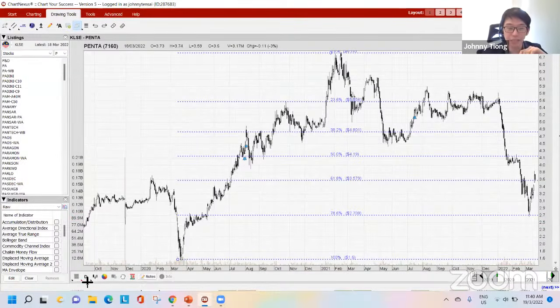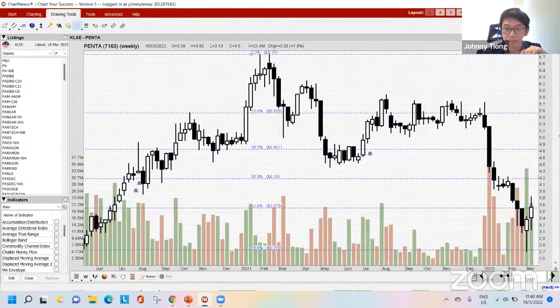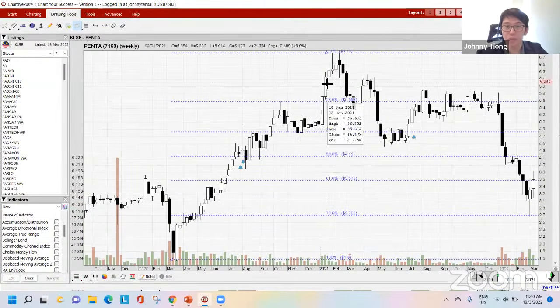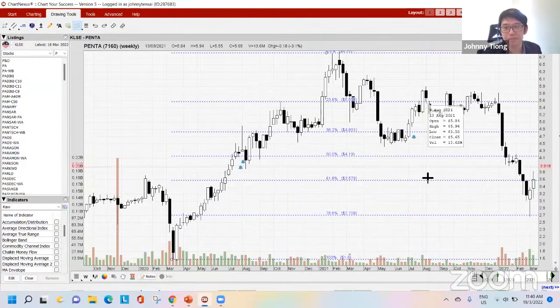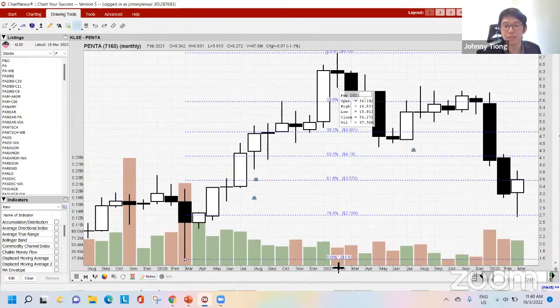Now this is the daily chart. I change it to weekly. You can see the points are almost the same because we are not changing the chart. We're just changing to monthly, to weekly, and to daily. You see the lines are almost the same. It's just the candle pattern being squeezed into weekly, so it's basically the same. We can use it for monthly, weekly, or daily, up to you.